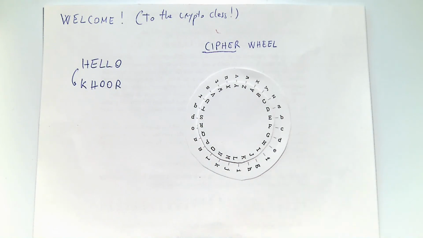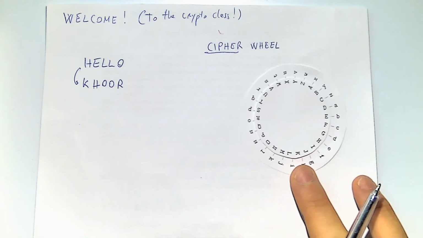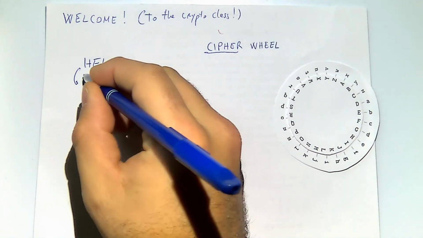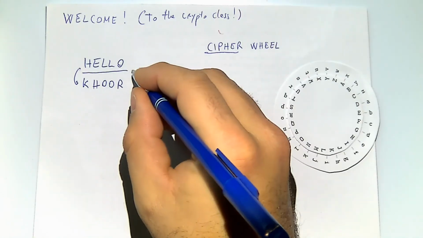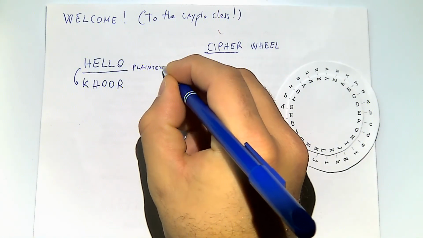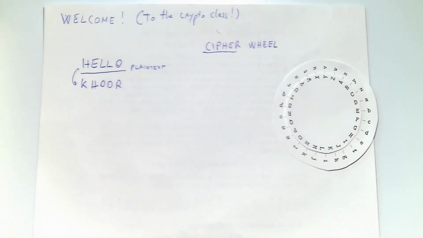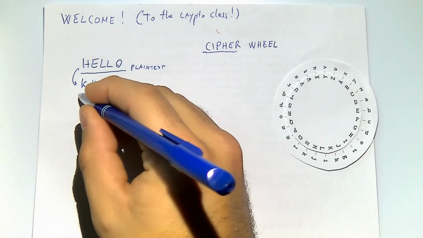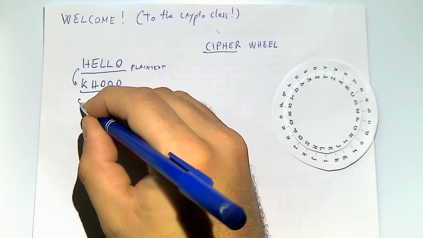The message that we are sending we normally refer to as plain text. Imagine this is whatever Julius Caesar was sending on his battlefield. And the hidden version we call ciphertext.